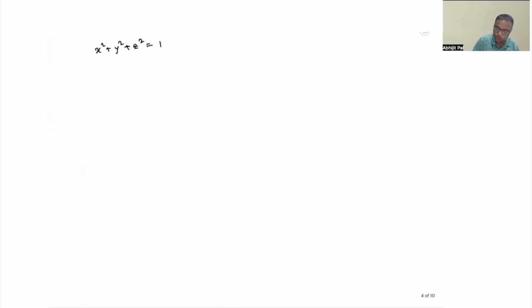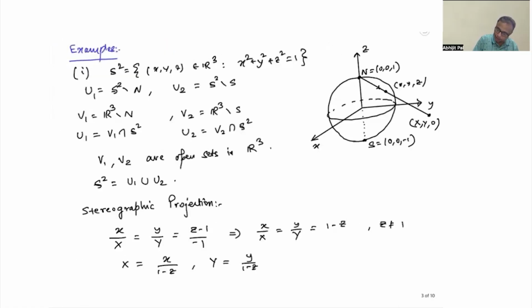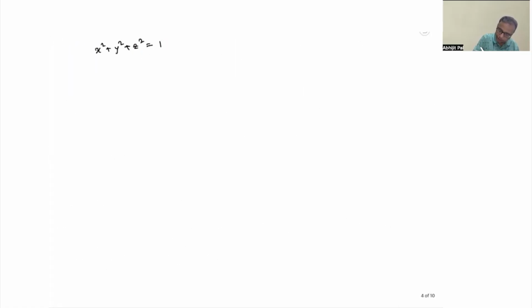So x square plus y square plus z square is equal to 1, where x is capital X multiplied by 1 minus z, whole square, plus capital Y multiplied by 1 minus z, whole square, plus z square. From here you'll get a quadratic equation in z.